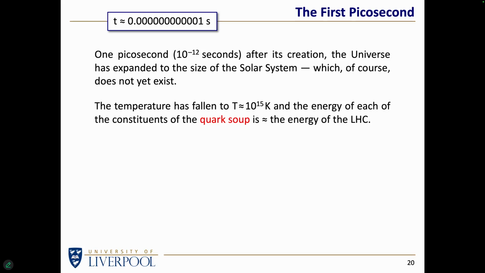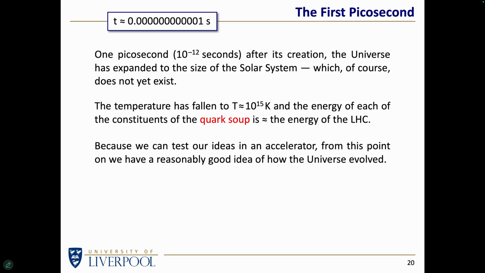So each of the constituents of the quark soup at this particular temperature is approximately equal to the energy that we can generate in the Large Hadron Collider. And that is why we say that we understand things from this point onwards. We can test our ideas because the energy of the particles involved from this point onwards are comparable to the sort of energies that we can create in a particle accelerator like the Large Hadron Collider.